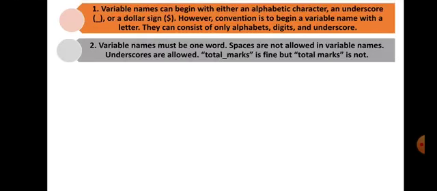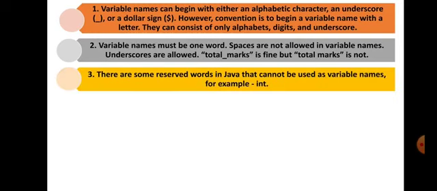The second one, variable names must be one word. Spaces are not allowed in variable names. For example, first name and last name, if you give a space, it will not be taken into account. Below it is very clearly given, underscores are allowed. Total underscore marks is allowed, but total space marks cannot be called a variable. So space is not allowed.